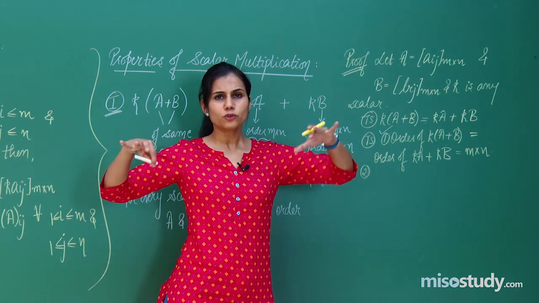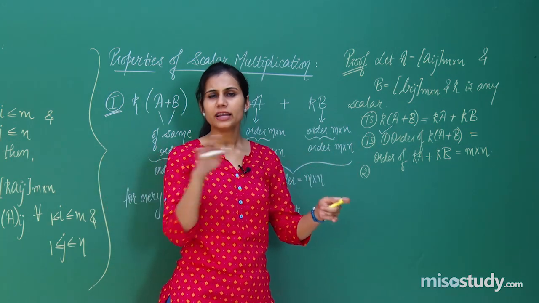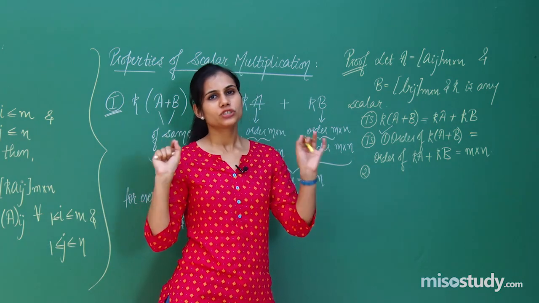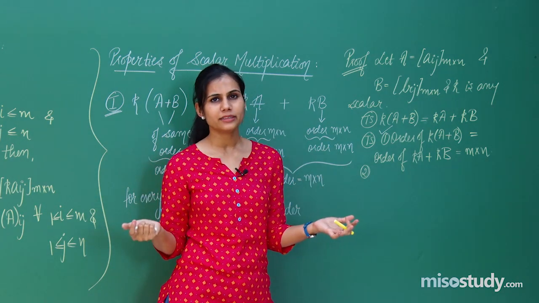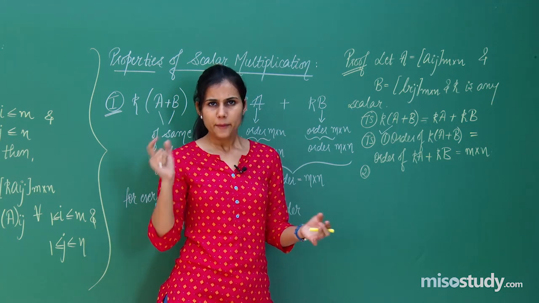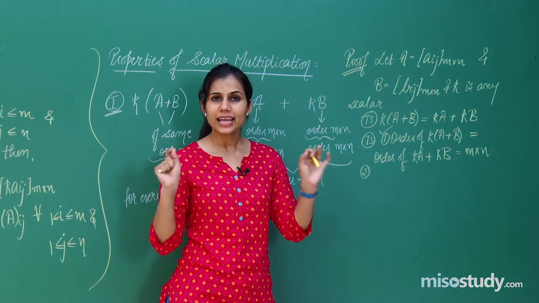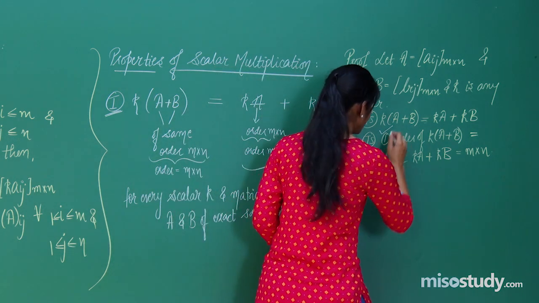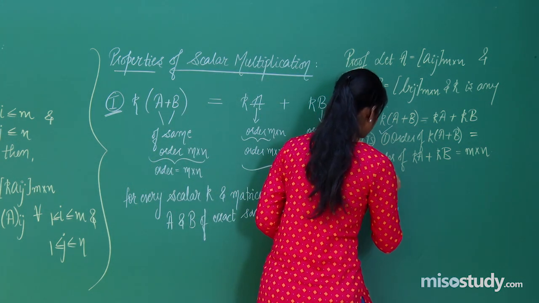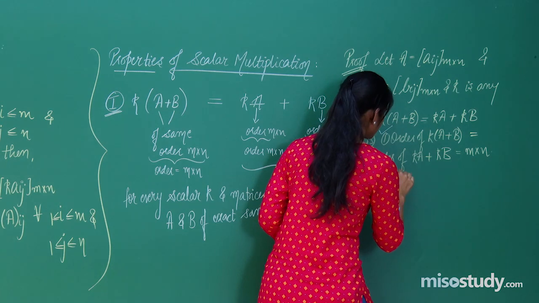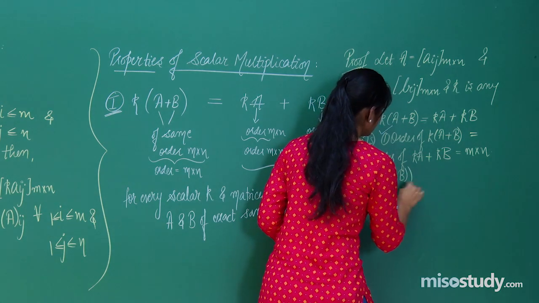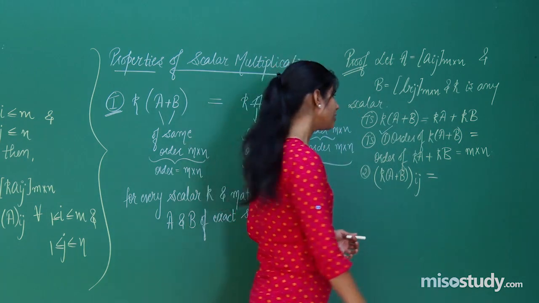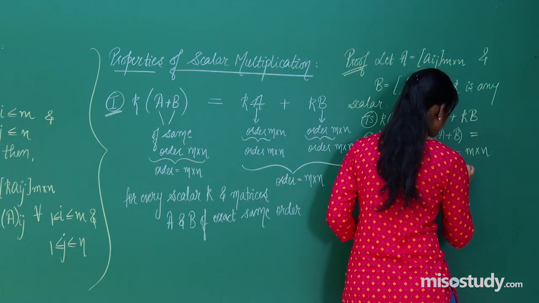Now see, when the orders of two matrices are same, the positions available in both the matrices are exactly same. So pick up any ijth position which is common. Obviously every position is common in these two matrices because the orders are same. Pick up any ijth position. I need to show that the elements sitting in these ijth positions are also same. So I need to show that in the LHS matrix, which is K times (A plus B), the ijth element, whatever it is, is equal to the ijth element of the RHS matrix.